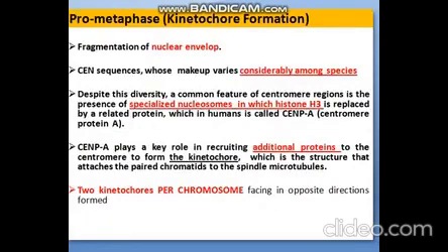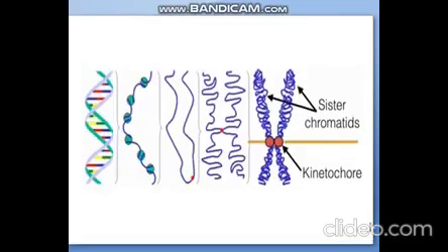So prometaphase, this is the phase where the kinetochore is formed. What is a kinetochore? A kinetochore is a kind of structure that is present here. You see that the kinetochore is a central structure, right? And it is the structure where the sister chromatids are joined together.